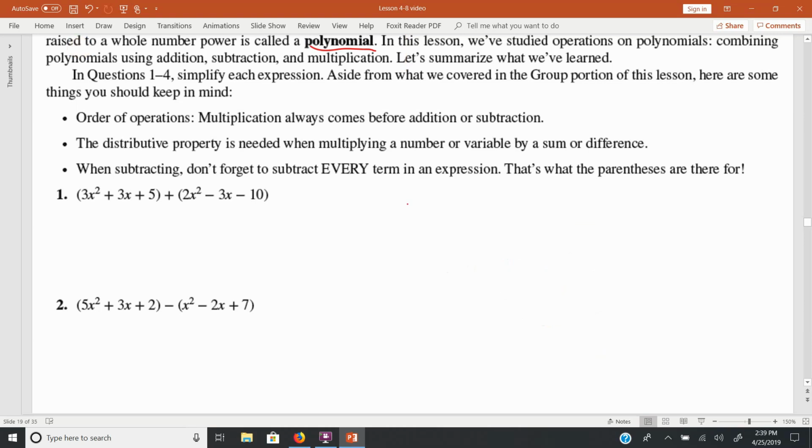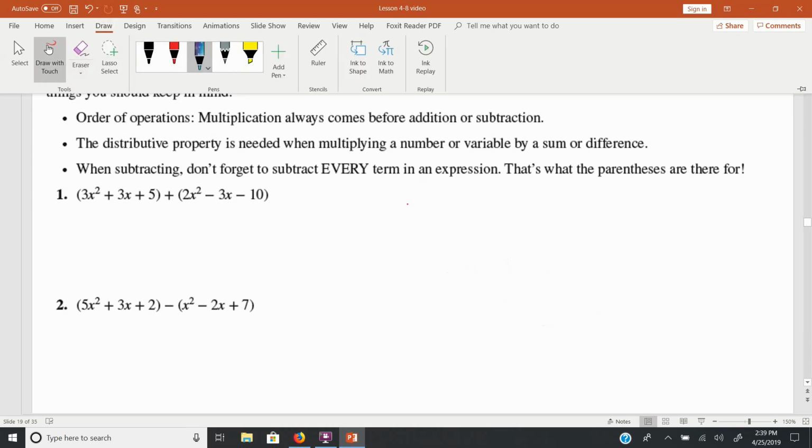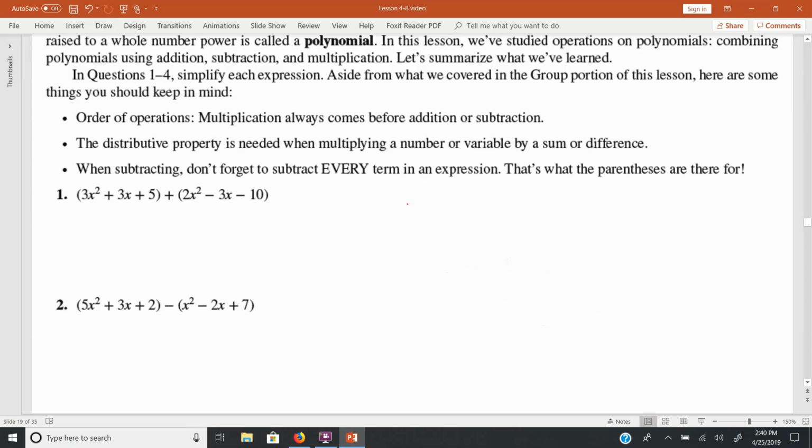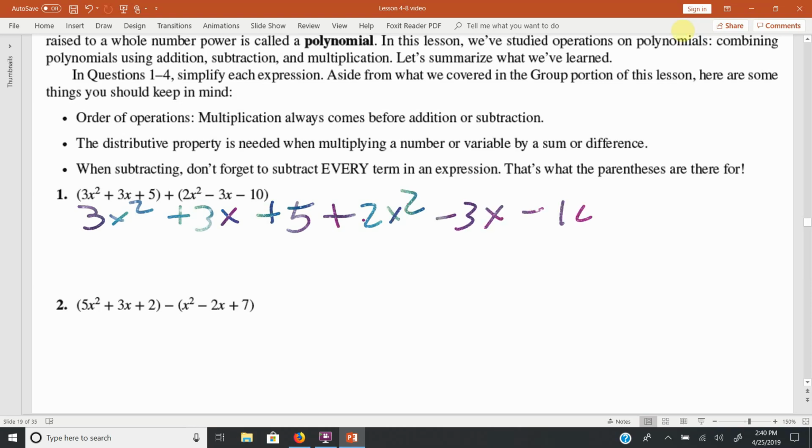Rewriting our problem so that we have like terms makes our life a lot easier. So I'm going to take my problem and rewrite it: 3x squared plus 3x plus 5 plus 2x squared minus 3x minus 10.